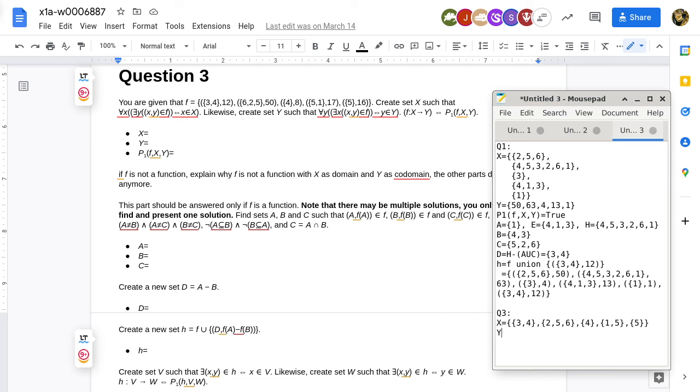So that's going to be X, and then Y is going to be 12, 58, 17, and 16. There we go. And then P1 of f, x, y is true. Okay, so that's the first part. The first part is almost trivial.